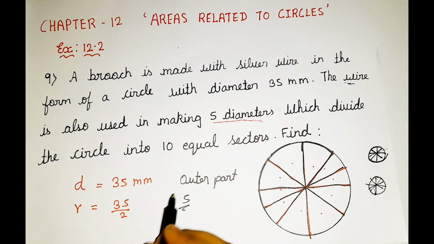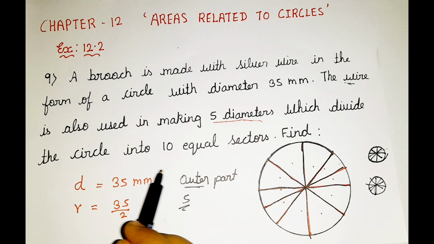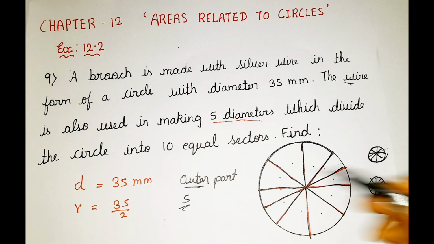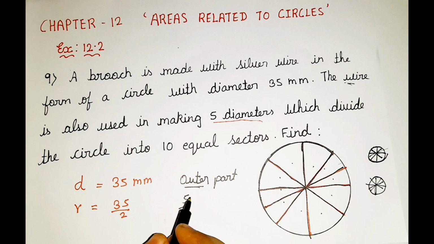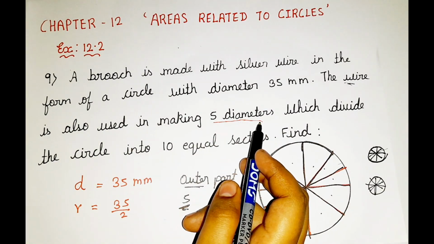Since the silver wire is used for making the outer part, in maths we call it the circumference. Circumference means this outer part. So we are going to add the circumference of the circle plus 5 diameters. Why? Because the wire is also used in making 5 diameters.